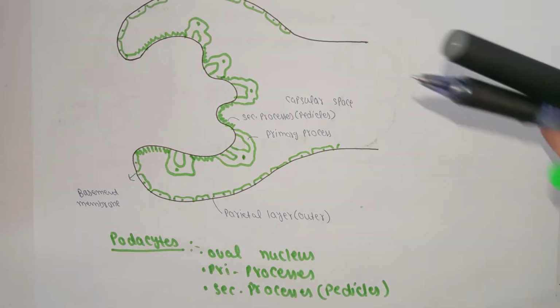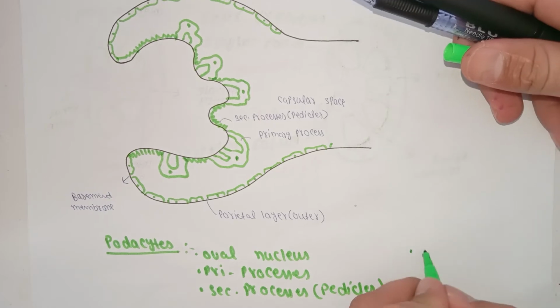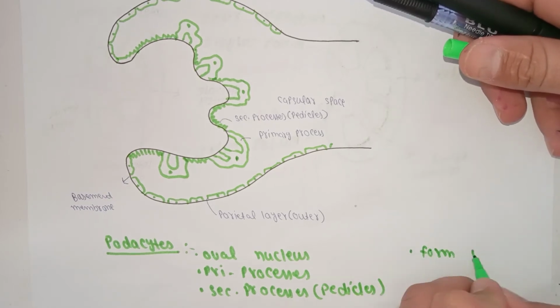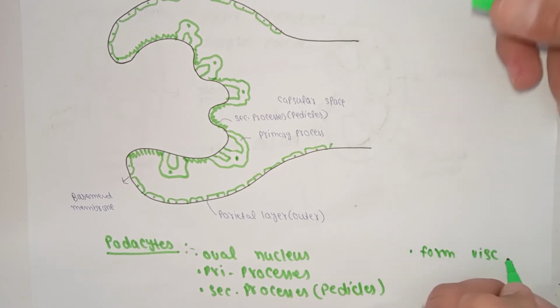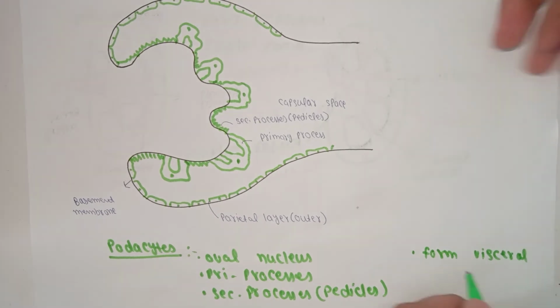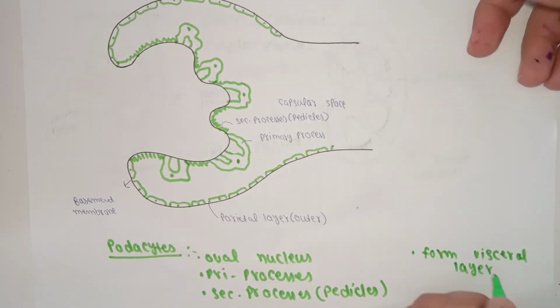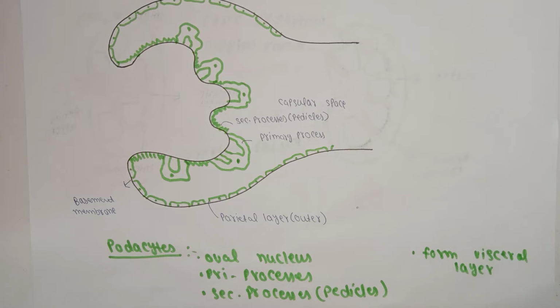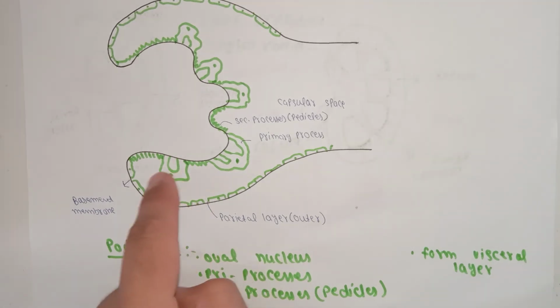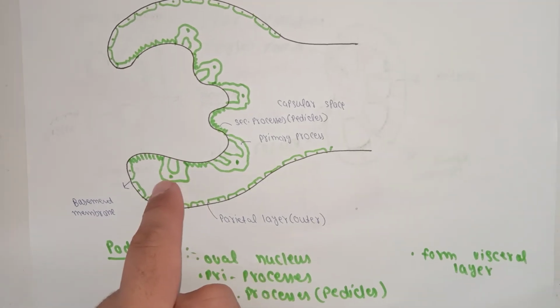Podocytes form the visceral layer. Another thing, podocytes also have a central region which is called the podocyte body.